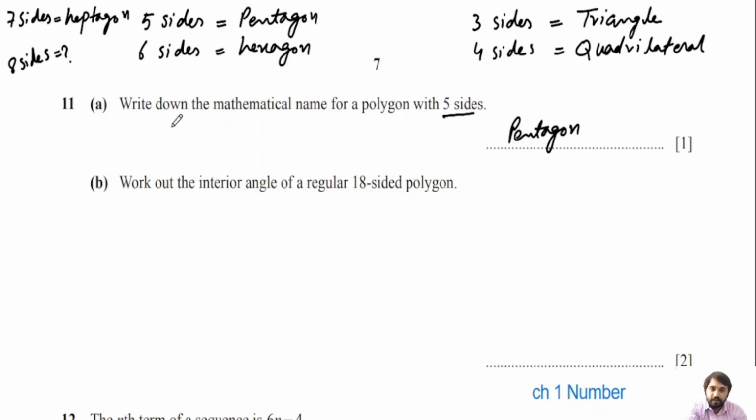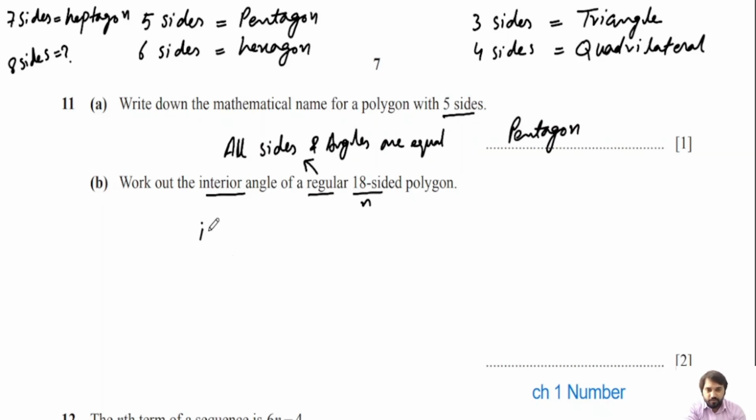Write in the comment. Now we have part B, that is work out the interior angle of a regular 18-sided polygon. So n is 18. We need to calculate one interior angle, and the polygon is regular. Regular means all sides and all angles are equal.